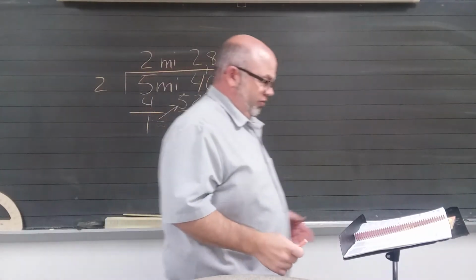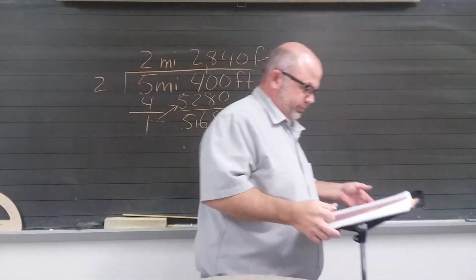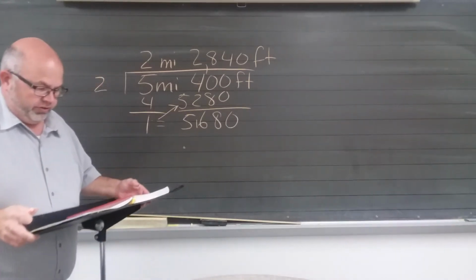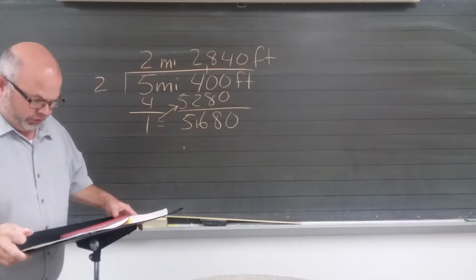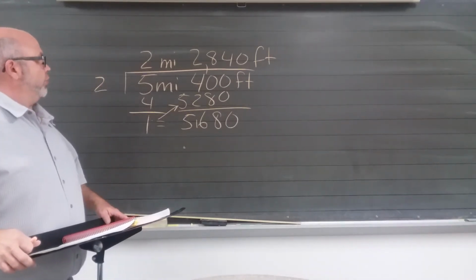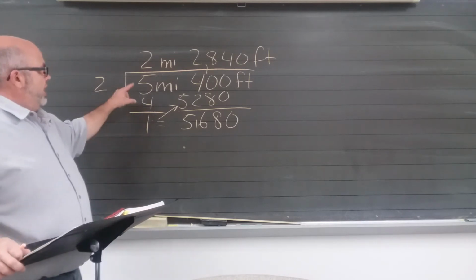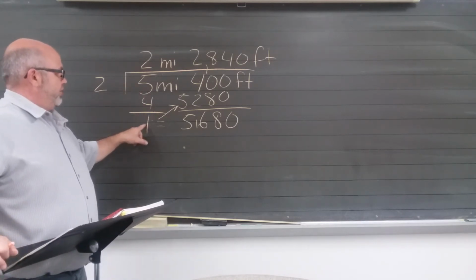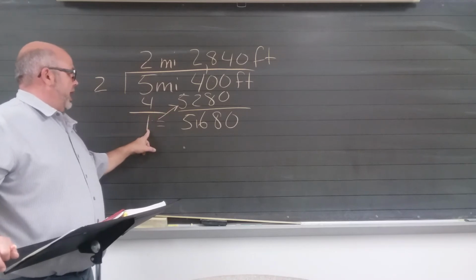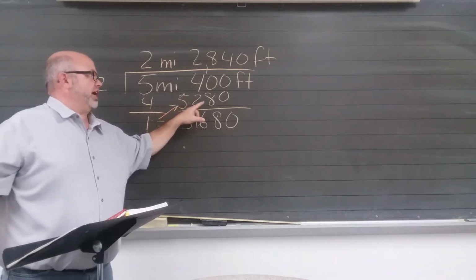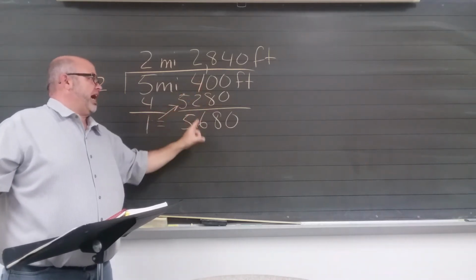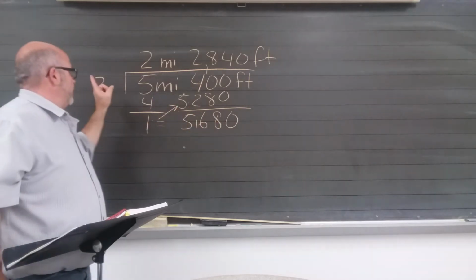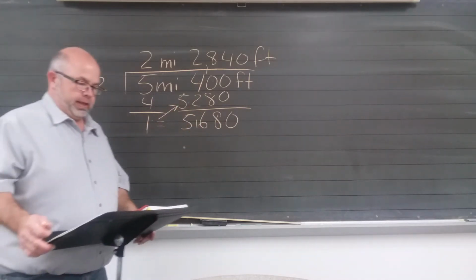So the answer for number 12 is indeed 2 miles, 2,840 feet. You divide the big one, whatever the remainder is, you turn into the small one. 1 mile equals 5,280 feet. You add that to the feet that you have, and then divide this number by the 2. All right?